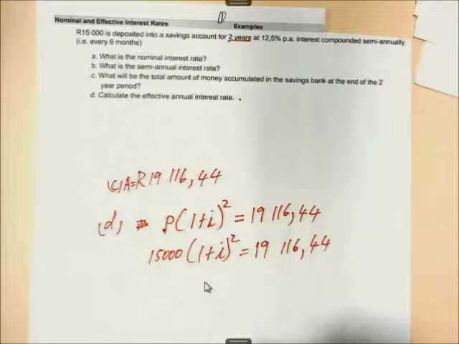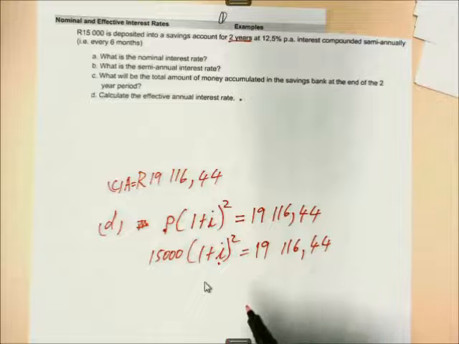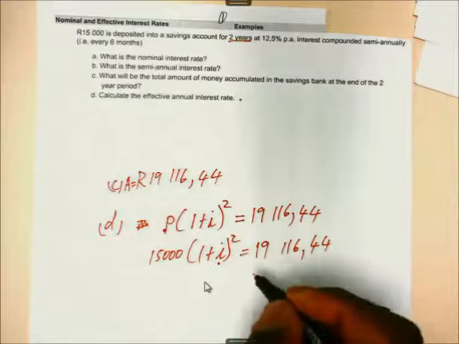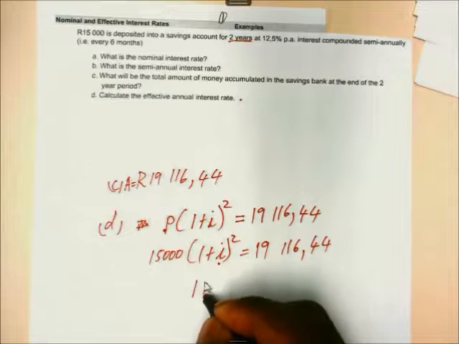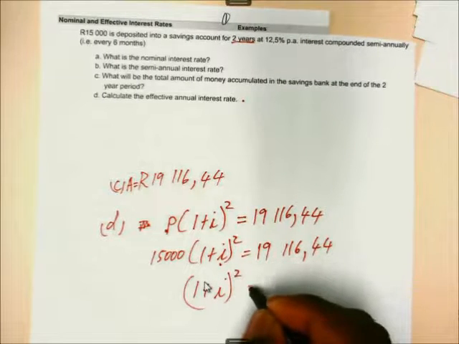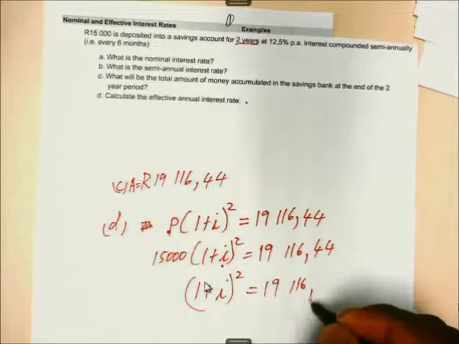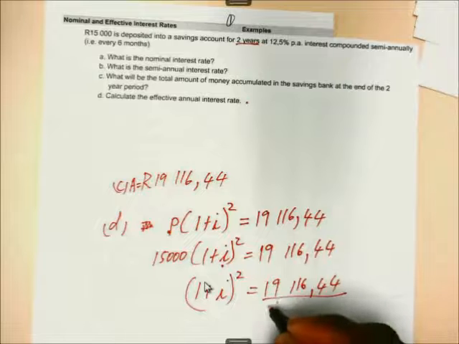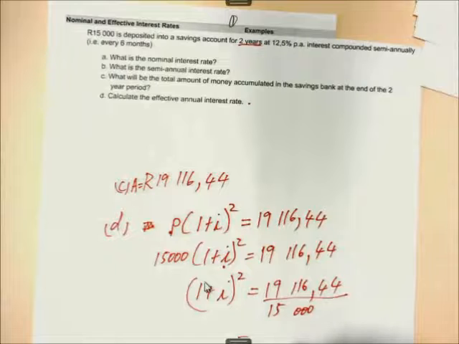Okay, and now since we want I there, which is our effective annual interest rate, the way it has been defined, this is the relevant formula. Then let's try to work it out. 1 plus I all squared equals 19,116.44 cents divided by 15,000. Am I right? Then what is the answer there?